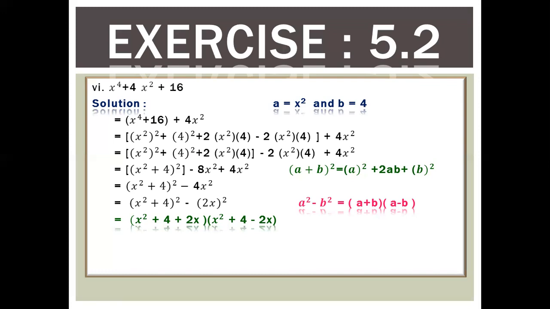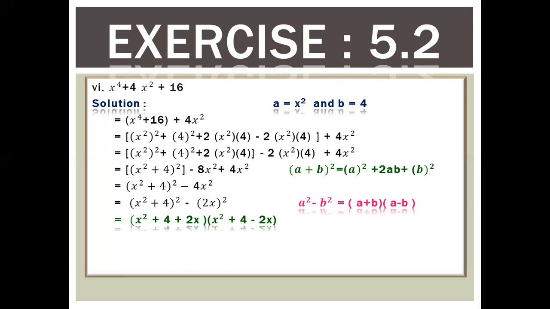To complete our formula, again we need the term 2ab. In all the questions of this type, 2ab will be missing. You must find what a is in your question and which term is b. According to this one, a is x² and b is 4.